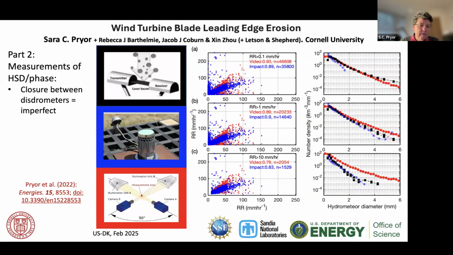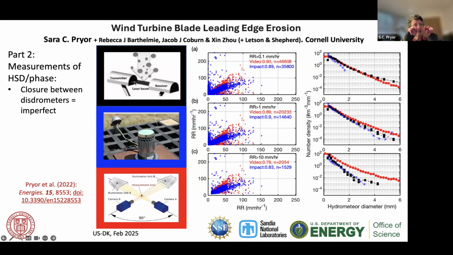As you will know, the Department of Energy operates an excellent Atmospheric Radiation Measurement station in Lamont, Oklahoma, and they have three types of what we call disdrometers operating there. The first is an optical disdrometer, which is the type we also use here at Cornell.